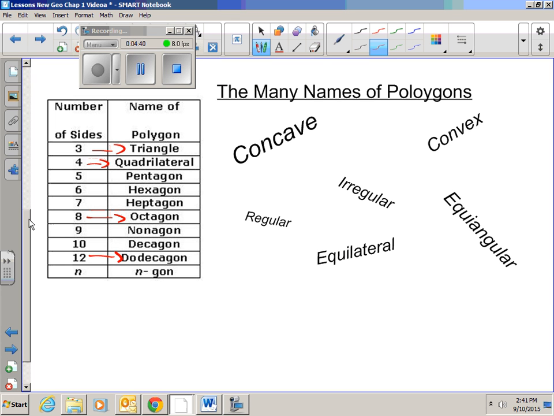For everything else, you can call an n-sided polygon an n-gon. If I have a 20-sided polygon, I can call that a 20-gon. A 35-sided polygon would be a 35-gon, etc.